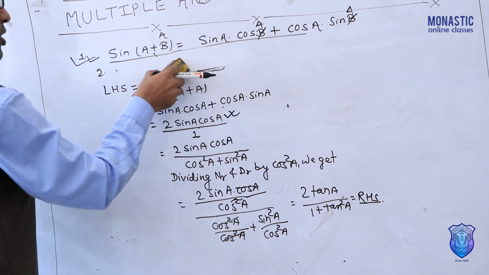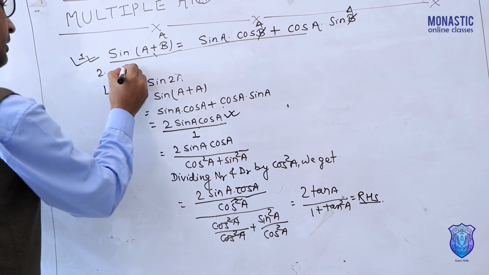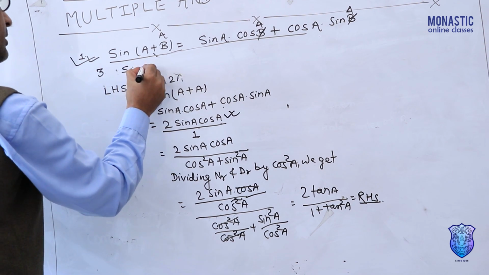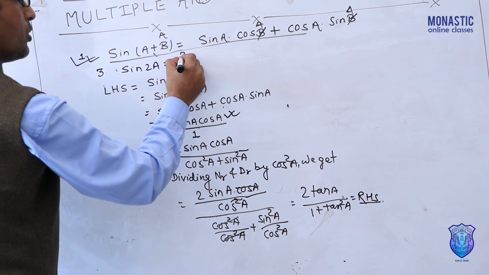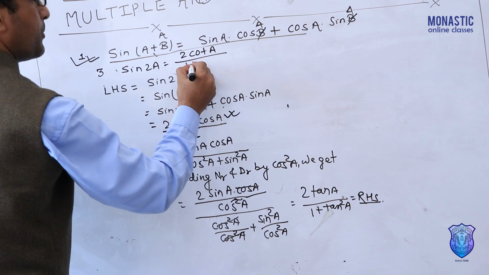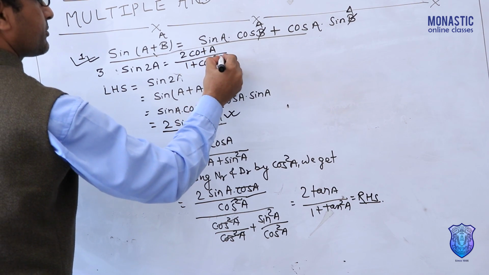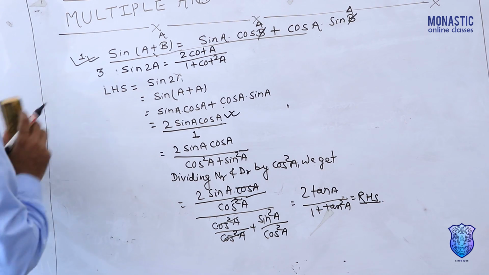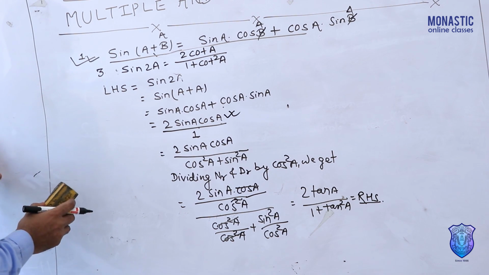Then we have the third formula of sine, that is sine of 2A equals 2 times cot A by 1 plus cot square A. For this, up to the numerator nothing will be changed.